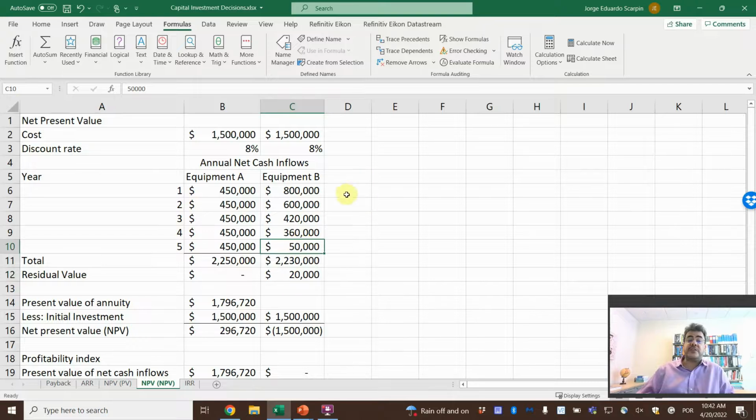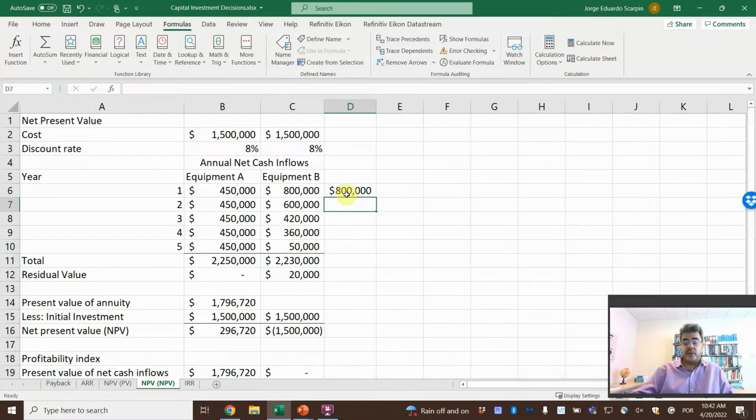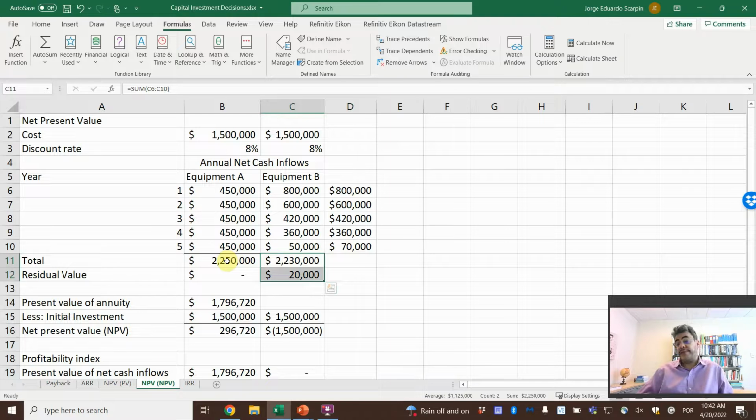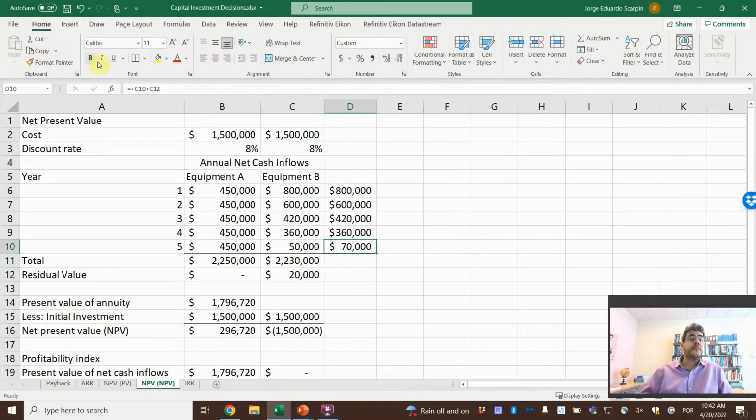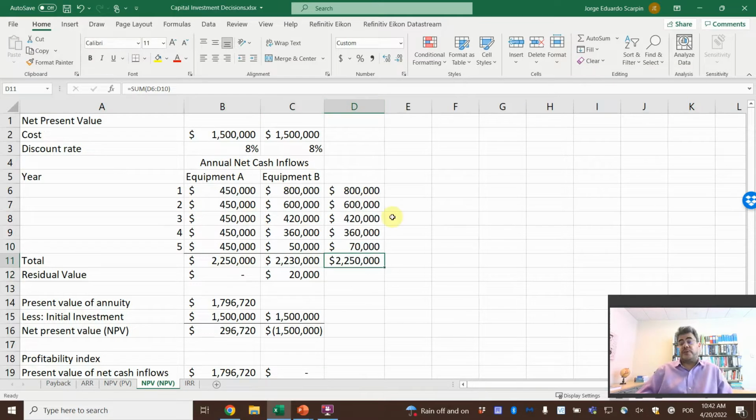It will be 70. So we can do here, let's copy and paste the 4 years. And then the last one, 70. So when we combine here, total and residual value, it is the same total as our equipment A. So both here, if we sum it, now it is the same, 2,002,050.